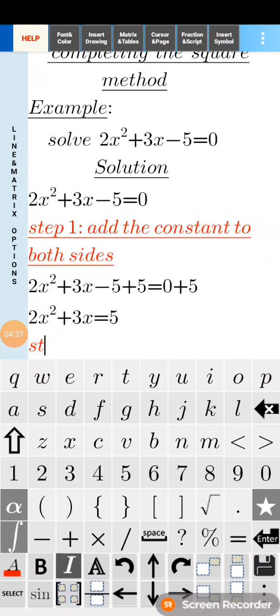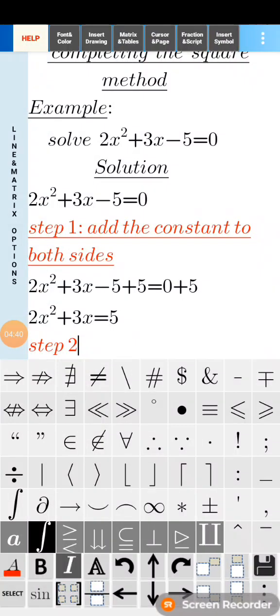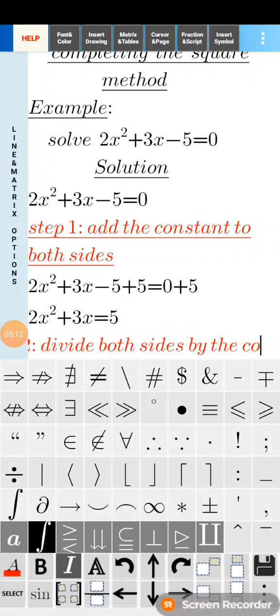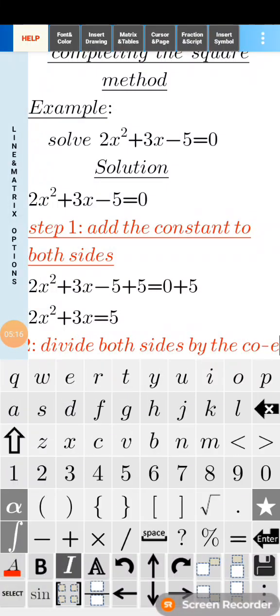Step 2. Step 2 is to divide both sides by the coefficient of x squared. So let me put this where we can get a better view.